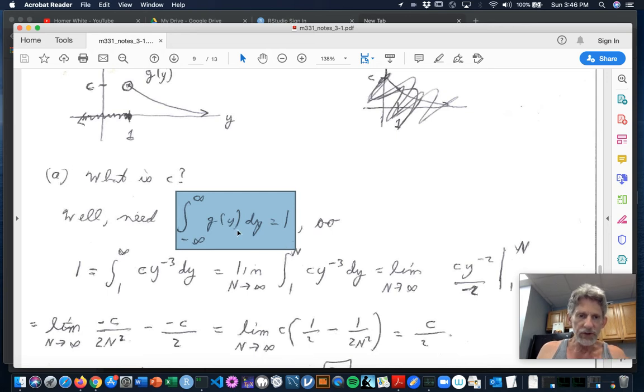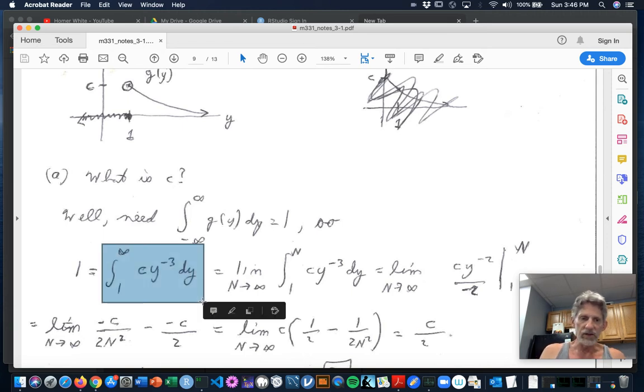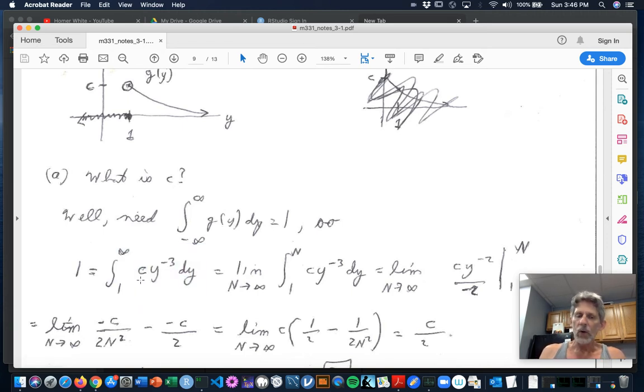So take that equation and work with it. 1 is the total area under the curve. You only need to go from 1 to infinity, because that's the support. c over y cubed, I'll write as c times y to the negative 3. Now, that's an improper integral. So I've got to set it up as the limit as some number n goes to infinity of the integral from 1 to n, okay, of c y to the negative 3 dy.